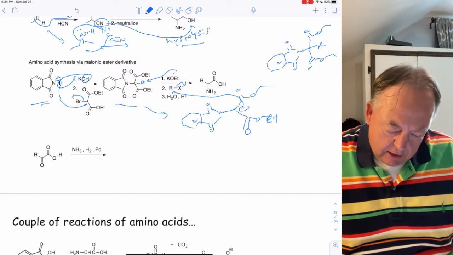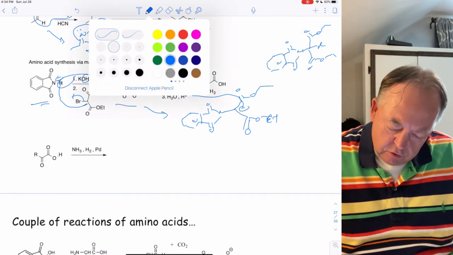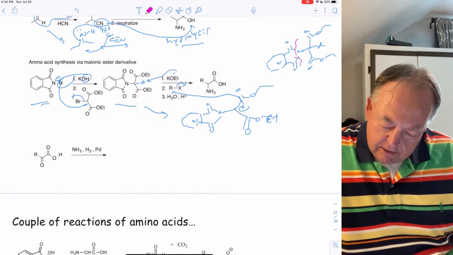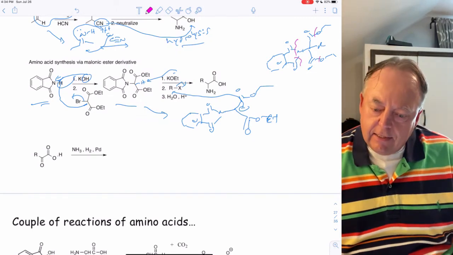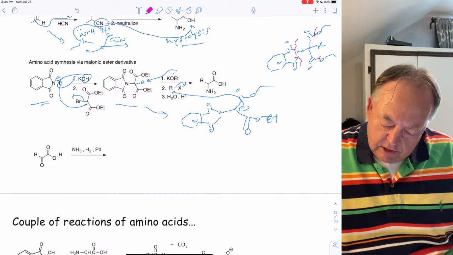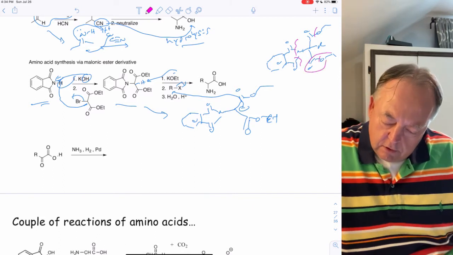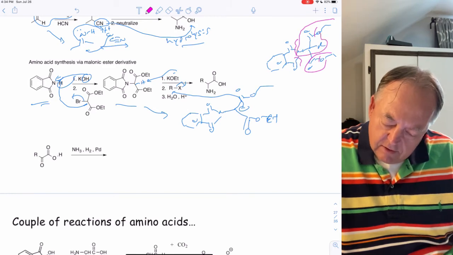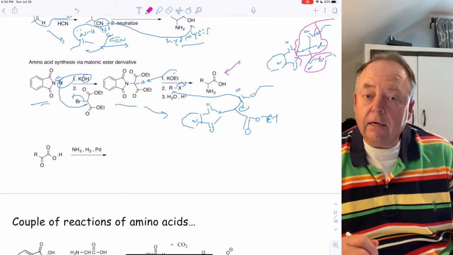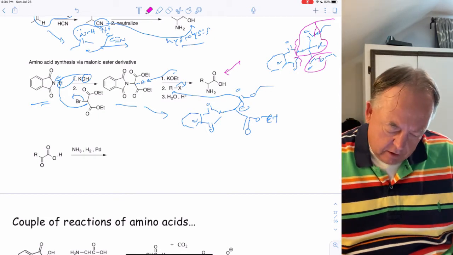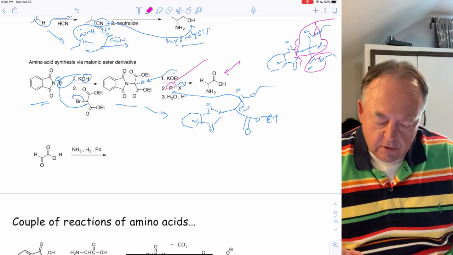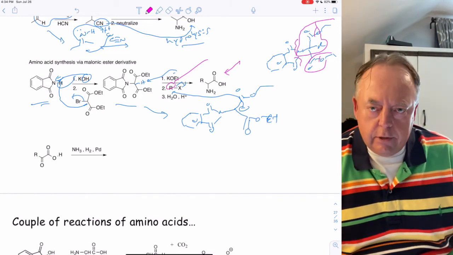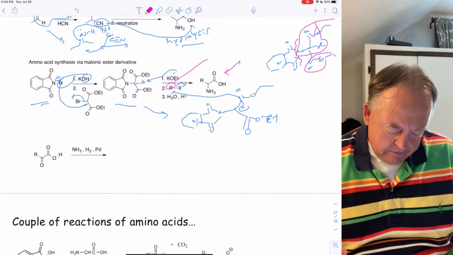If you remember back in the Gabriel synthesis, it's going to open that up, and then it's going to cleave both of these to carboxylic acids. Then one of these is going to decarboxylate and lose CO2. So what you would end up with is basically this. You get that amino acid. Whatever the R group is here, any of those 20 amino acids, put that R group there, and conceivably you could synthesize the amino acid that way.